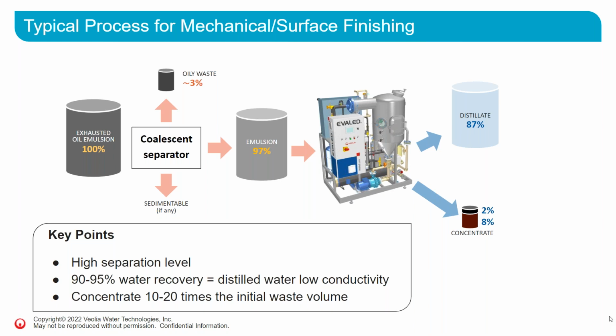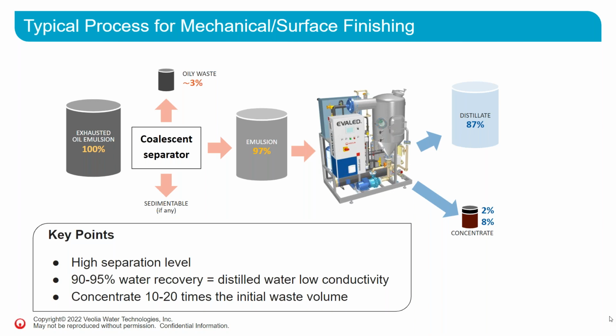So remove the free oil and feed the emulsified oil to our system. This one is listed at 97% recovery of the influent volume. We're getting about 90% overall recovery on the distillate, and the concentrate has a little bit of oil in it. But again, the critical part is making sure we have the free oil out of the system.